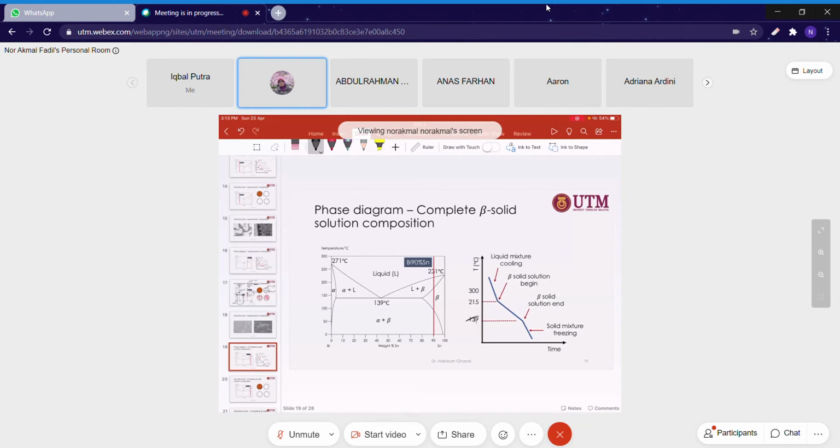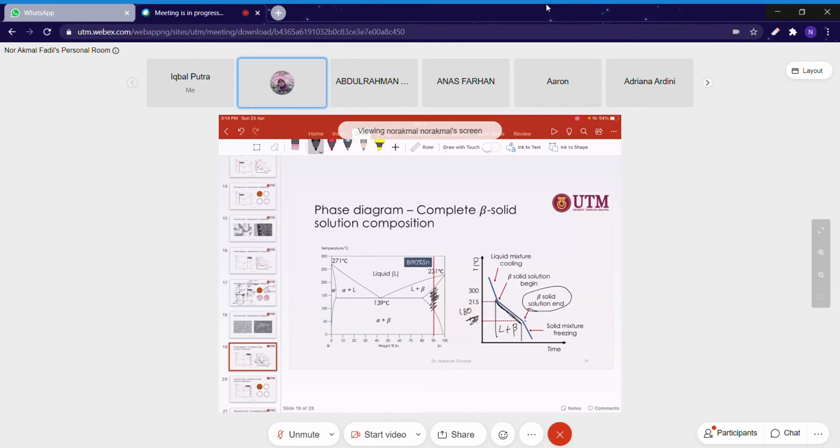So it means this curve shows the mixing between liquid and solid, which is beta. And during the changes from beta into beta plus alpha, it shows a constant gradient. Not really constant, meaning that there's no difference in the slope for the cooling curve. All right.